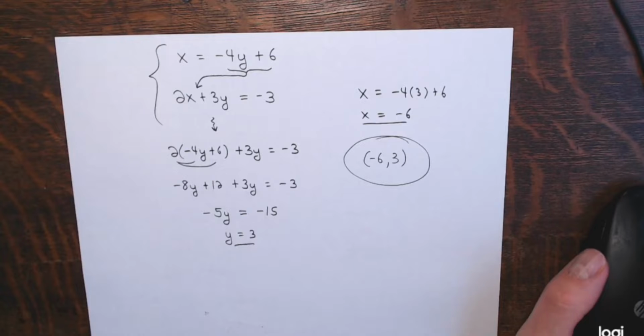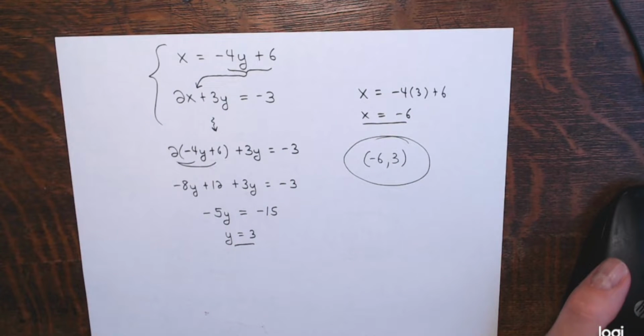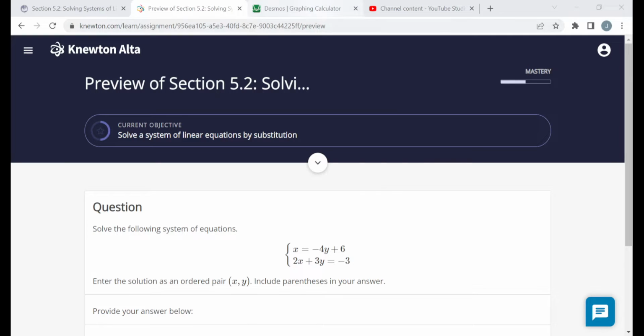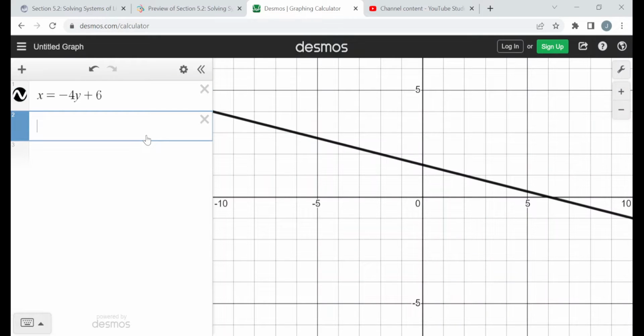And you can double check, replace x with negative 6 and y with positive 3 in both equations, and both equations should be satisfied. Or let's just double check on the graph, by graphing. Why not? So x equals negative 4y plus 6 was the first equation. There's that line. 2x plus 3y equals negative 3.